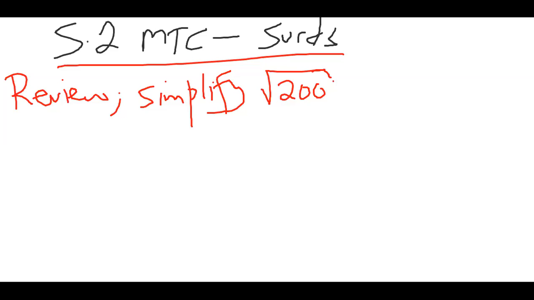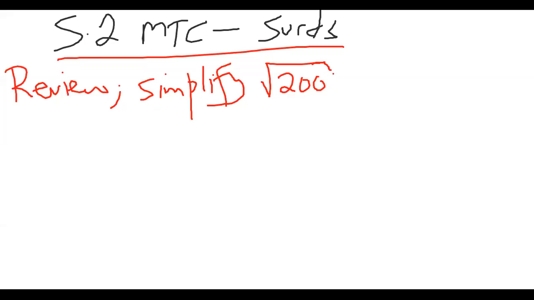In other words, last time we said that in case you have such a number there, try to get two numbers multiplied together whereby one has a square root. So in this case, you can simply say that this is the same as the square root of 2 times 100. Why am I choosing 100? It's because 100 has a square root, which is 10. And 2 does not have.